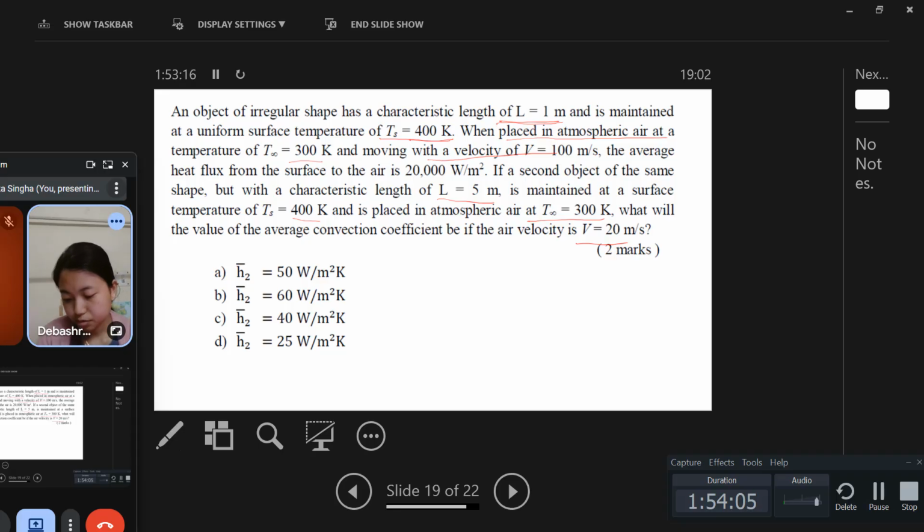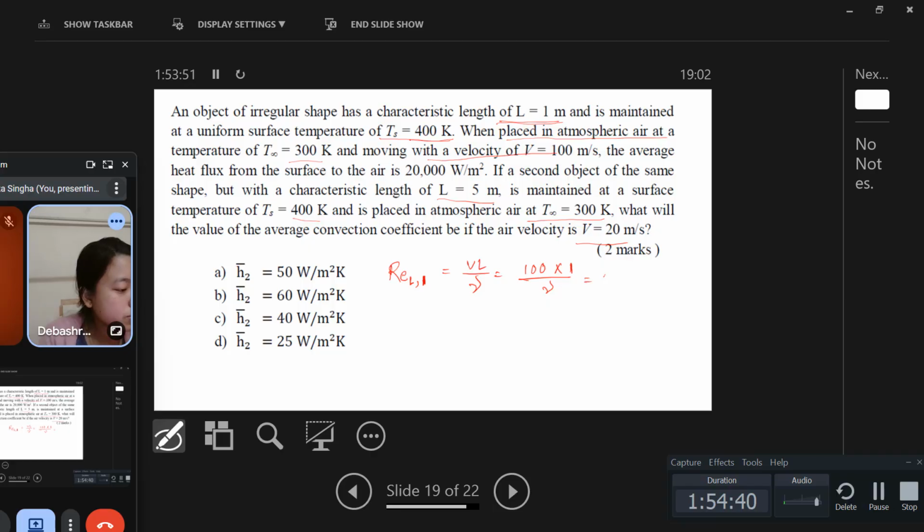So the first thing we can do is calculate the Reynolds number for the first object and the second object. I'll write it as Re_L,1. For the first object, it is VL by nu. V is given as 100 meter per second into L is 1, divided by nu.